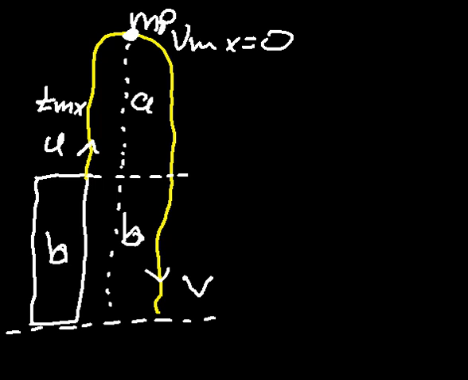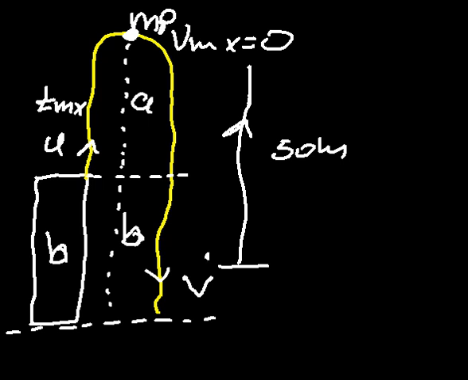Now, what if the object has been released? Let's say this is the level ground, and the object has been released upward. Let's say the overall height is 50 meters.